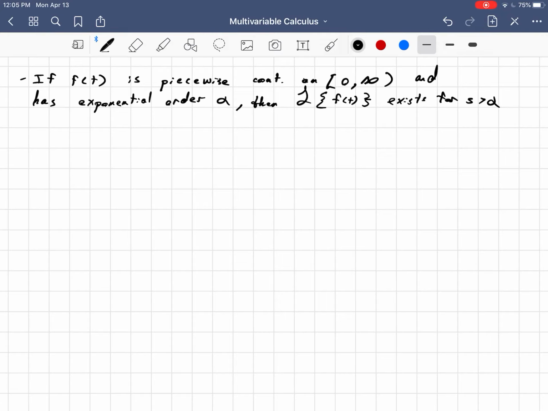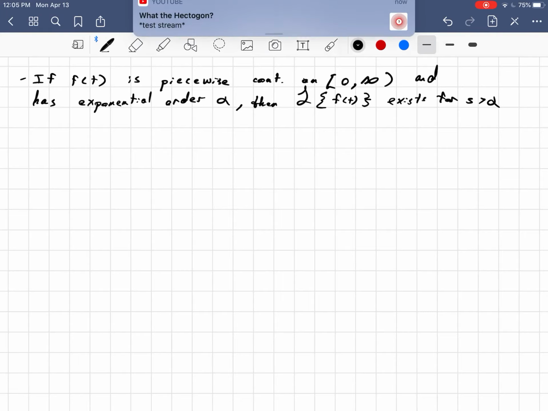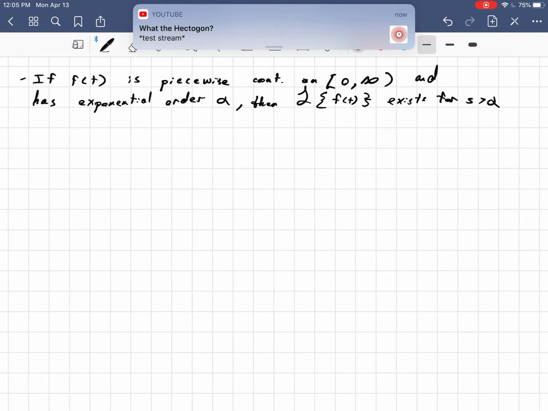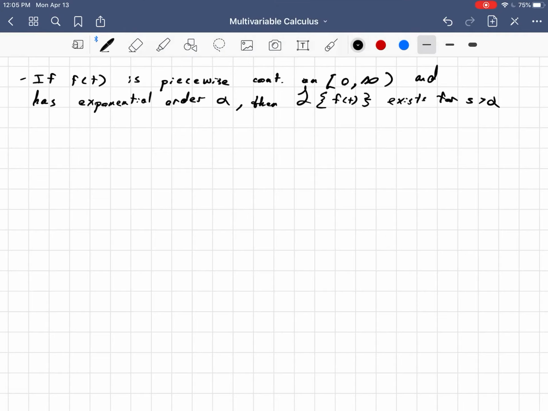That is basically that your function is bounded by some exponential function in the form of e to some constant times t. Say, for example, we have e to the 2t times the sine of 2t.